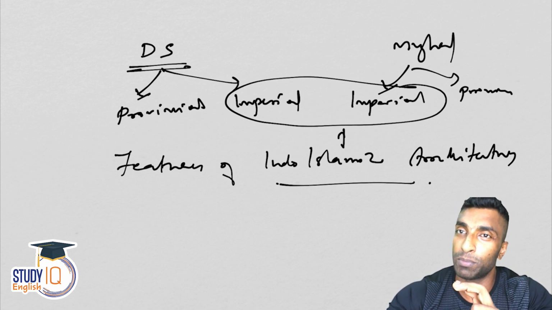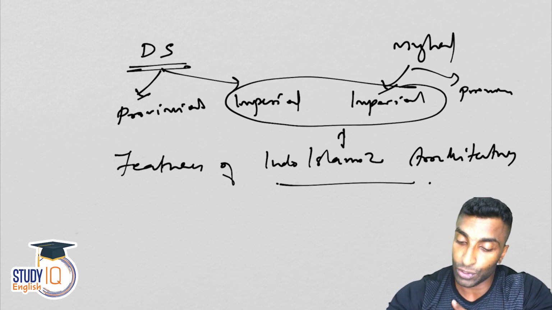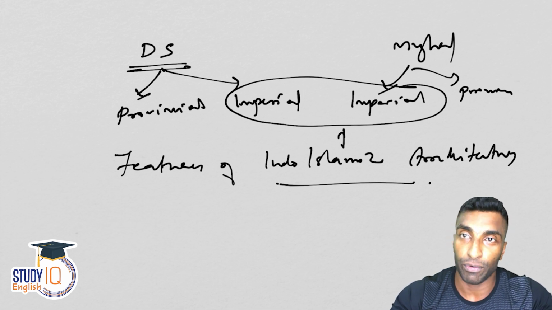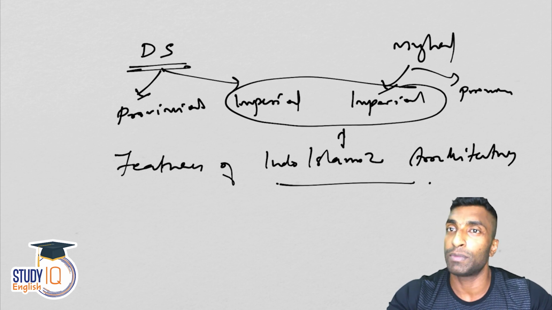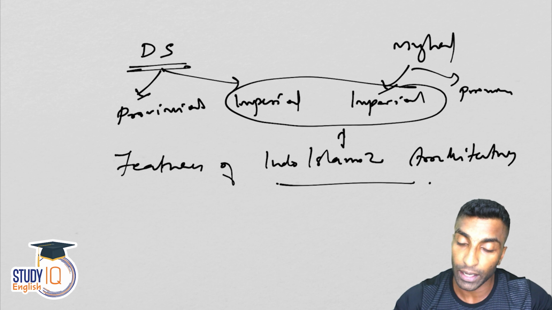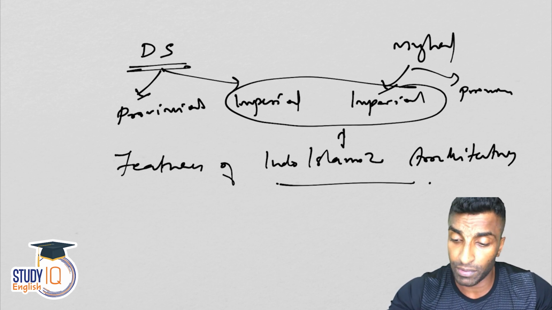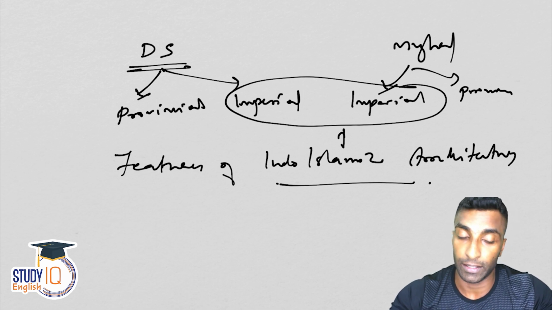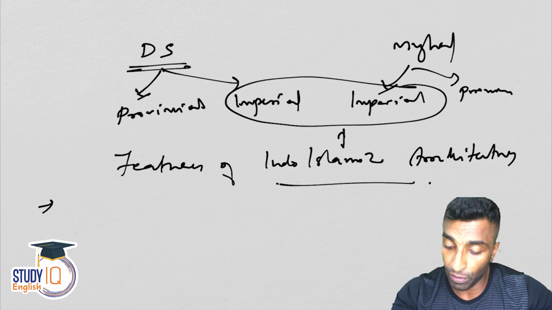These small contributions they won't ask in mains, so they can ask you directly like this only, features of Indo-Islamic architecture. So we will prepare like this, and if a question is asked, you should be in a position to write like this. In prelims, they can ask specific rulers and specific contributions, and that is going to be very easy, so we will cover that along with this. Chances of getting a specific question from here in mains are very less, so we will do it together. First one, we have already discussed a few things here.